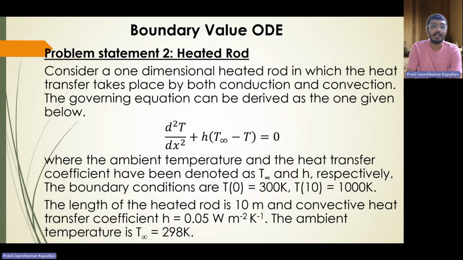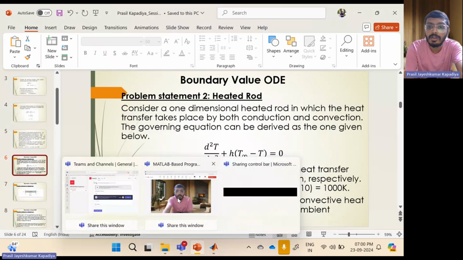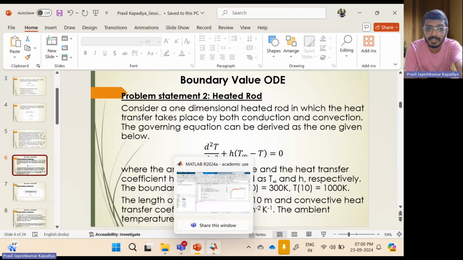The problem statement says: consider a one-dimensional heated rod in which the heat transfer takes place by both conduction and convection. So there is a rod, and from that rod, heat transfer is occurring via both conduction as well as convection.